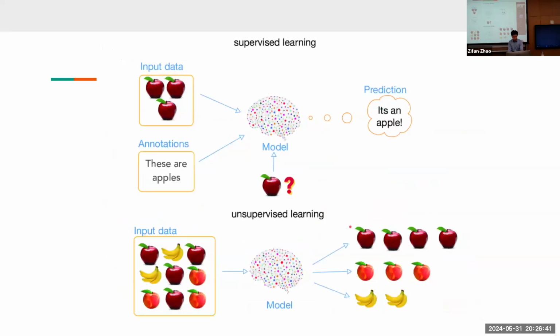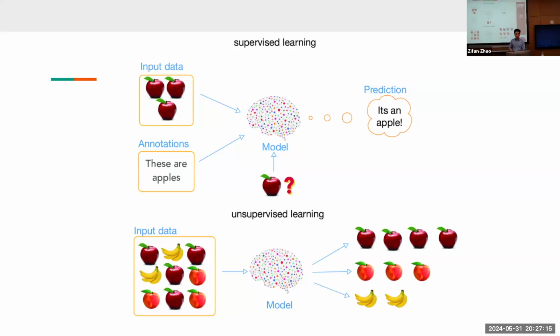So a more vivid example of the difference between supervised learning and unsupervised learning is here. For supervised learning, we are given the input data as well as the annotations. This annotation is basically the target label, because we know that they're apples. We send both the data and the annotation into the model and let it predict that it should be an apple.